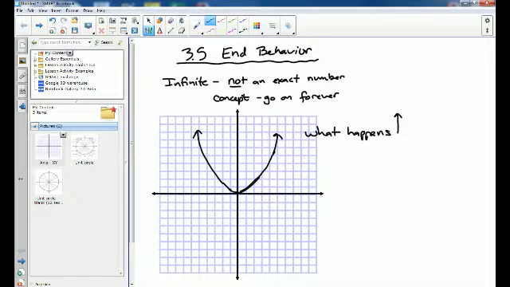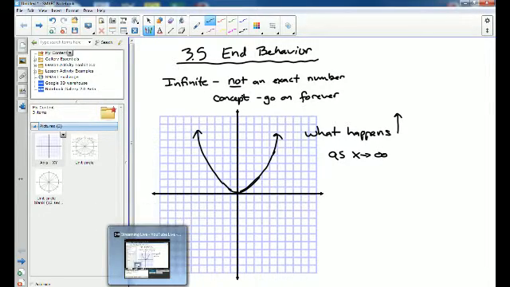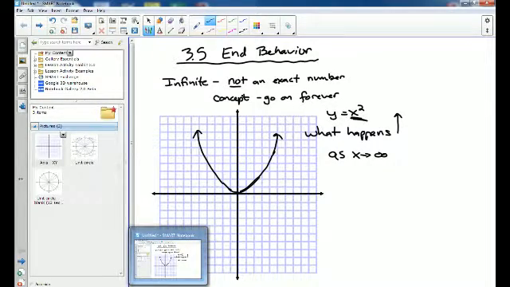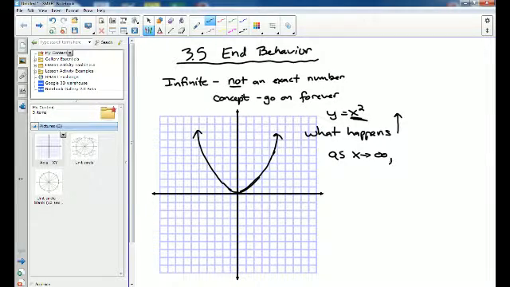So we would say as X goes to infinity, because X is our function basis, X is going a long ways that way. What happens to Y? Y goes to infinity. Not equals.